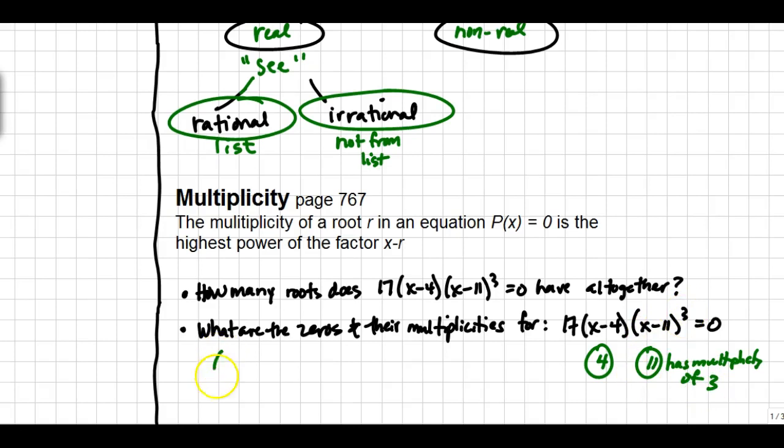So if we were to write out this polynomial more exactly or without that exponent, the x minus 11 term would actually be there 3 times. So we'd get 4 and 11 and 11 and 11. So rather than writing out the same zero multiple times, we just say it has multiplicity. So there's 2 zeros, one of the zeros appears 3 times. So that means we have 4 zeros altogether.